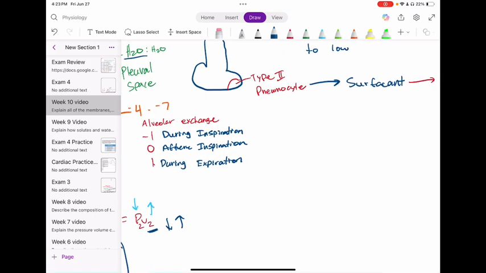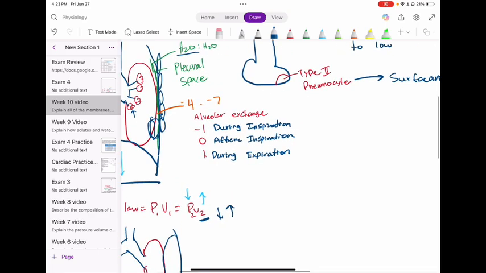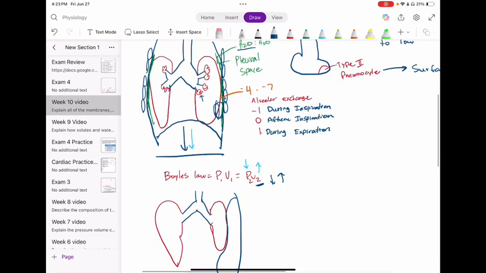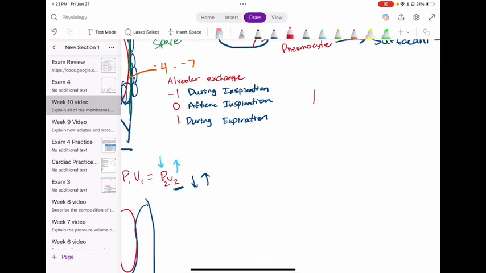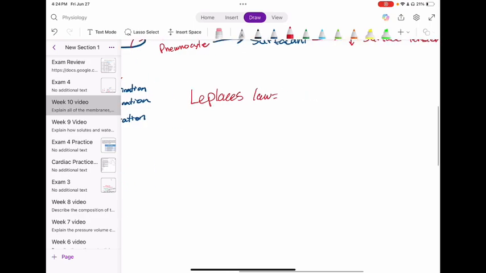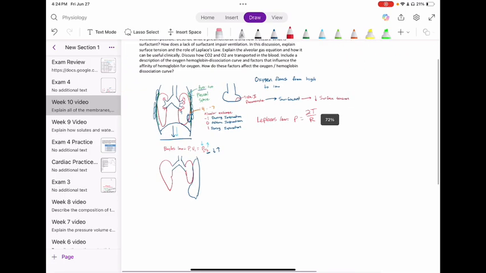So another thing we got to talk about, another law associated with the alveoli is Laplace's law. I don't know why I said that like that. Sorry. He essentially stated that pressure is affected by tension and the radius.